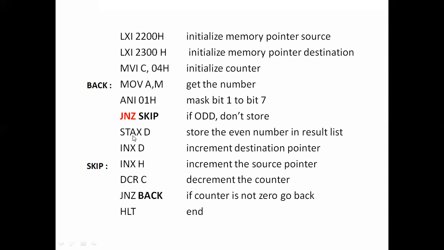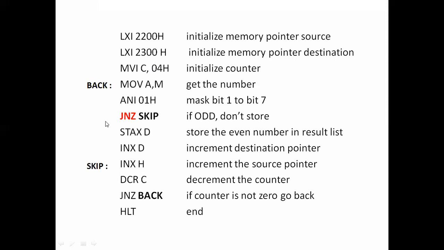copy the content of the accumulator to the memory location pointed to by the DE pair register, and the DE pair is pointing to 2300. So the first even number we get will be stored at memory location 2300. Then we will increment the destination pointer with INX D, increment the source memory pointer, and decrement the counter.